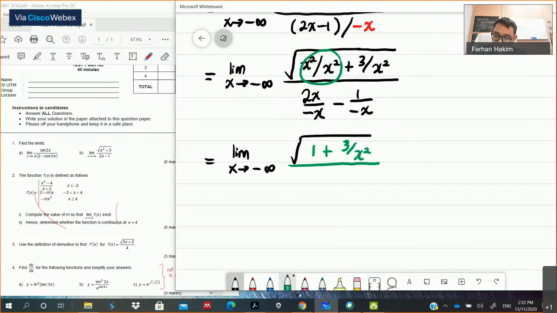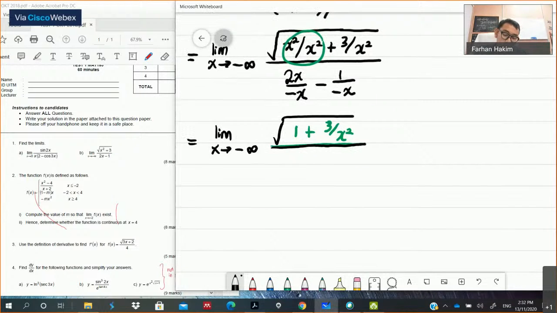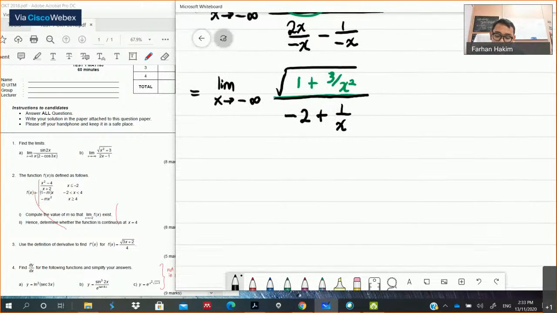Now we're going to simplify the one at the denominator. This will be negative 2 plus 1 over x. Now, when we substitute the value of x with infinity, this part will become 0 and this part will become 0 because it has something over x.